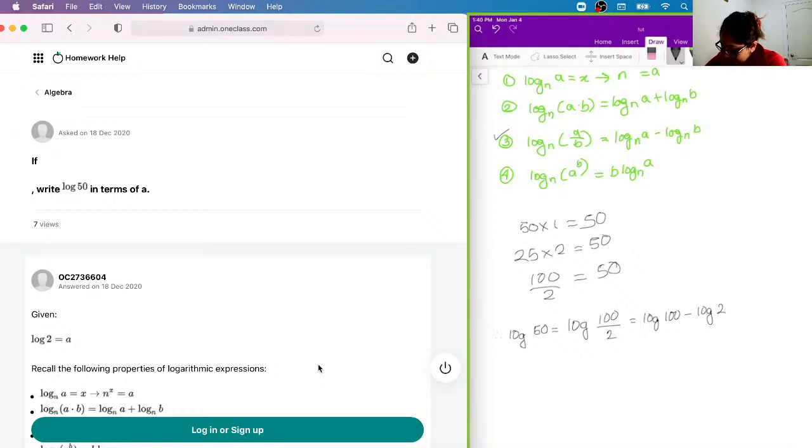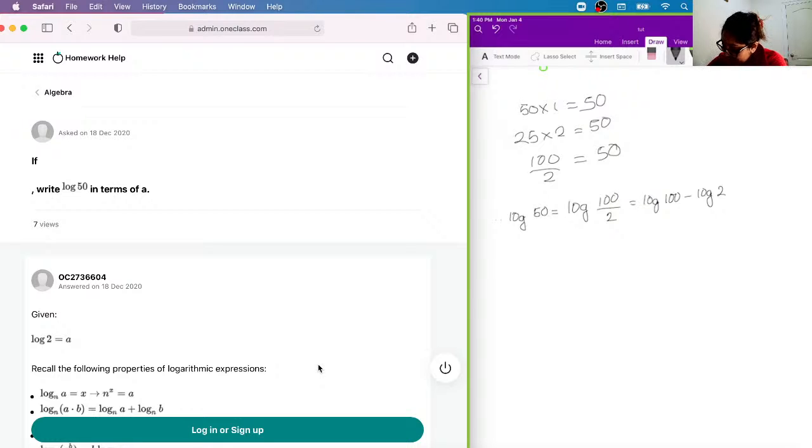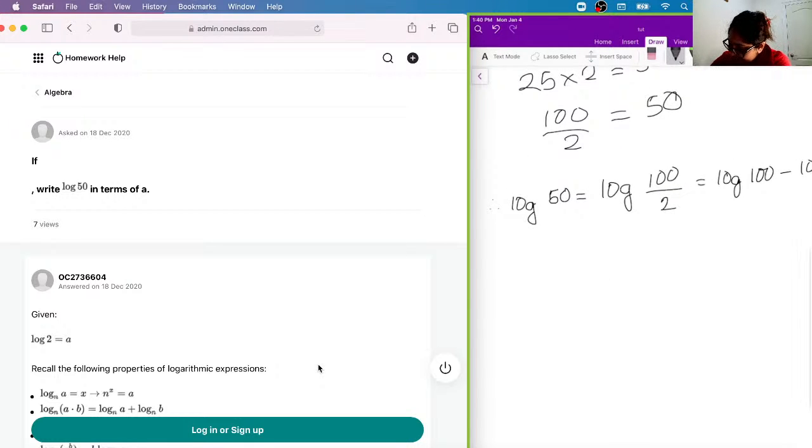And so now we can write this in terms of a by simply using another step, by saying log base 10 of 100 is equal to x.